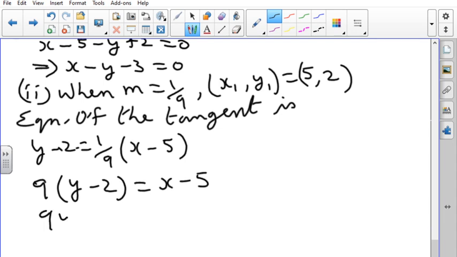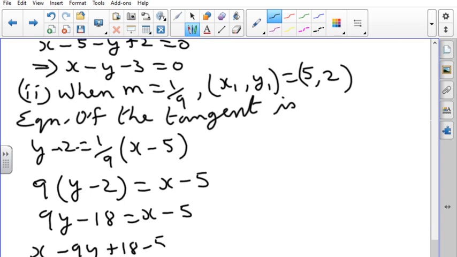So 9y minus 18 is equal to x minus 5. So taking left hand side to the right hand side, we get x minus 9y plus 18 minus 5 is equal to 0, which gives us x minus 9y plus 13 is equal to 0.